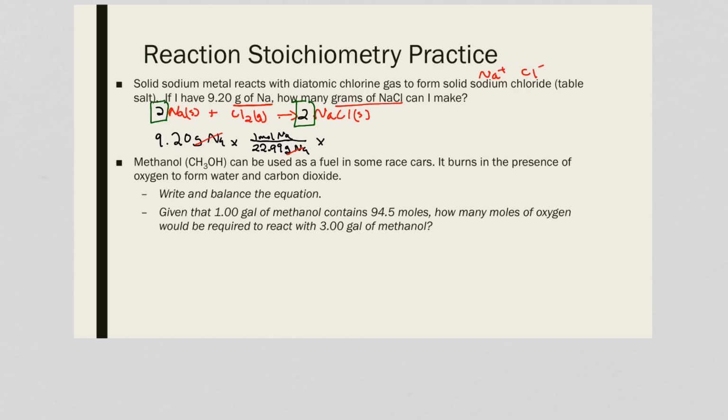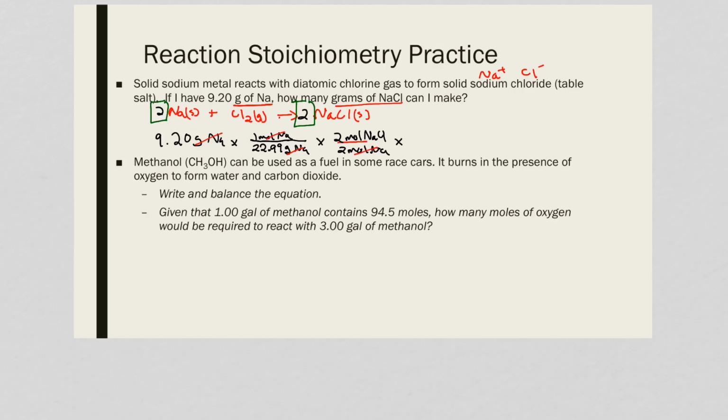Now, to translate that into moles of sodium chloride, I need my ratio. So my balanced equation tells me that for every 2 moles of sodium, I can make 2 moles of sodium chloride. So now we're at moles of sodium chloride.